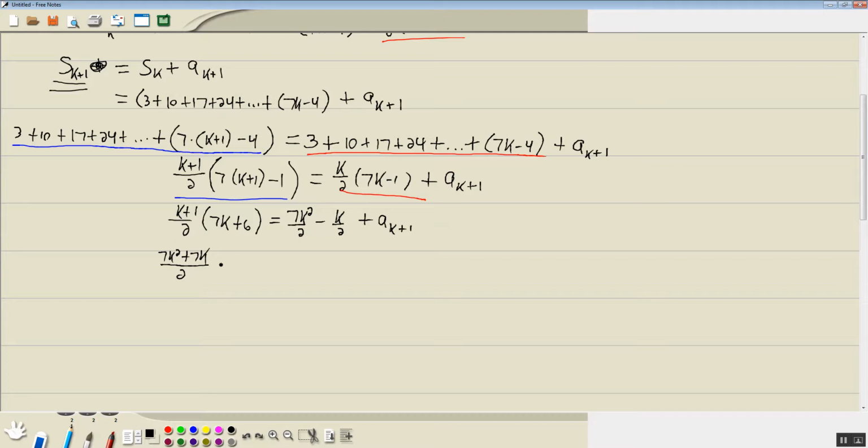And 6 times k is 6k. 6 times 1 is 6 over 2. Equals 7k squared over 2 minus k over 2 plus a sub k plus 1.